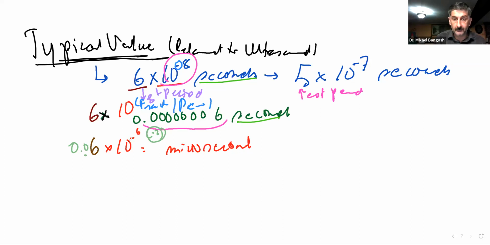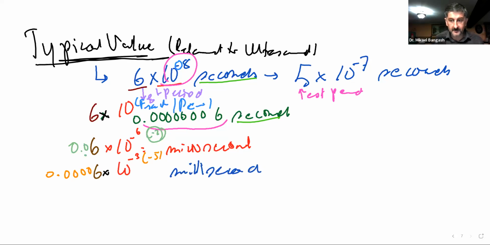Or you can even say 6 multiplied by 10 raised to the power minus 3, which is short of 5 decimal points, so that's 0.0 and then milliseconds.